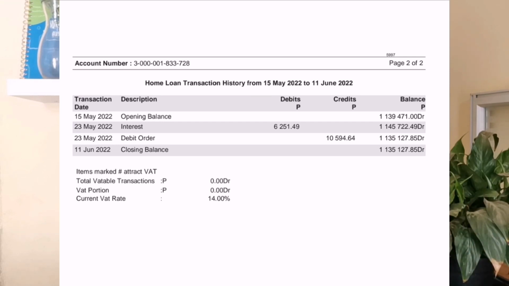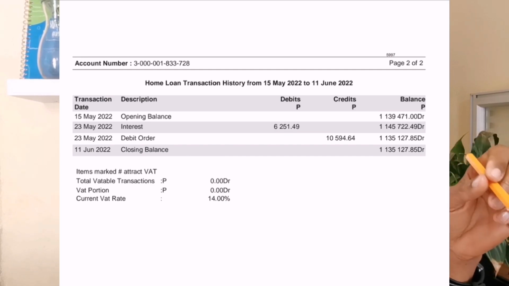You look at the second transaction that went into your account. On the 23rd of May 2022, there was a debit of 6,251.49. That is the calculated interest for that particular month, depending on the cycle of your calculation.